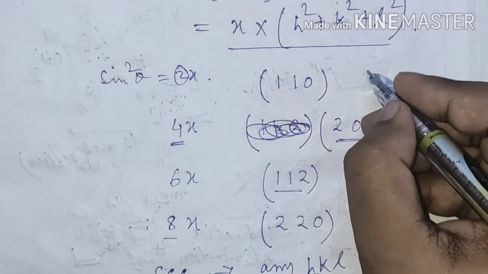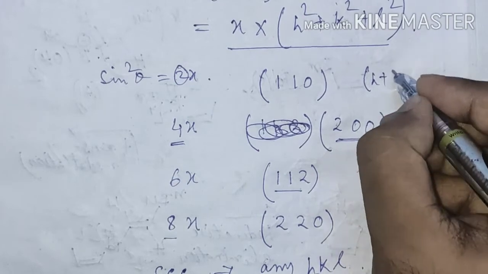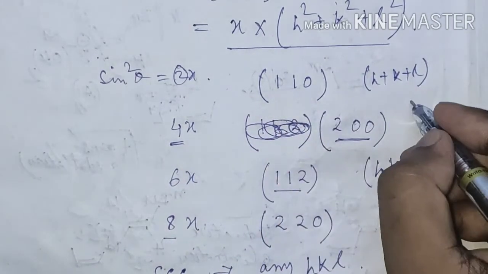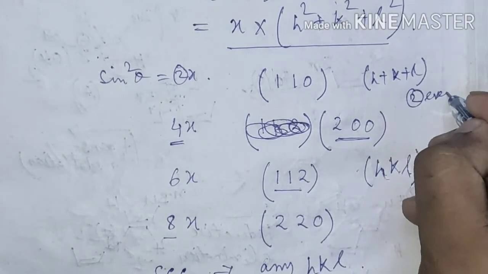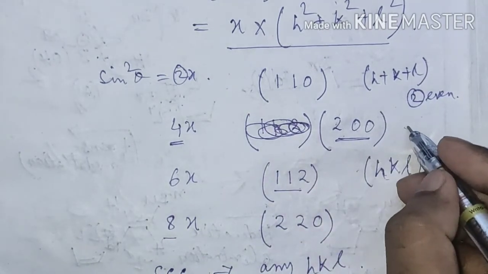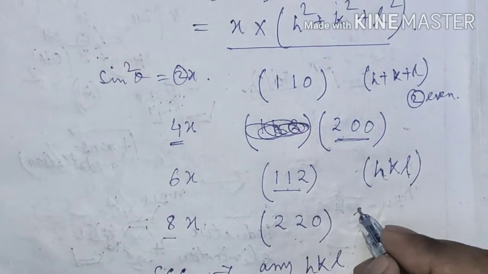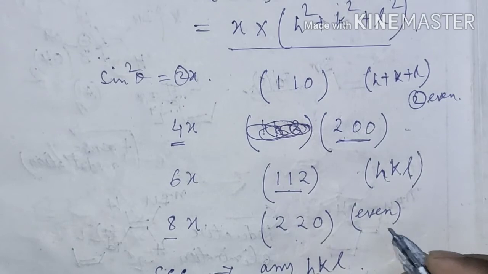Now if we count the H plus K plus L value, then in this case it will be 2, that is even. In this case it will also be even, for the third case also, and for the fourth case the summation of HKL is even.